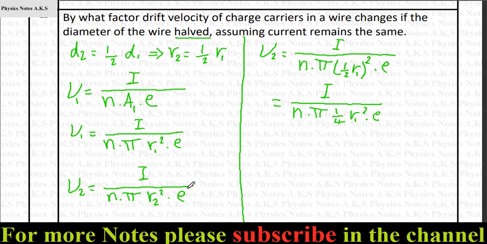And the same I did before. Now I separate this fraction in the denominator from the total fraction.